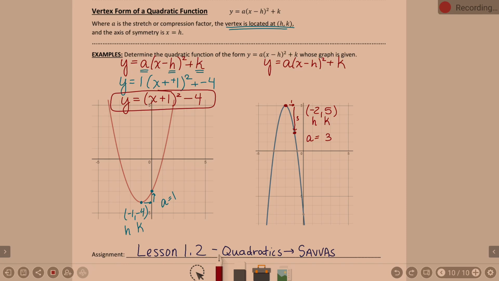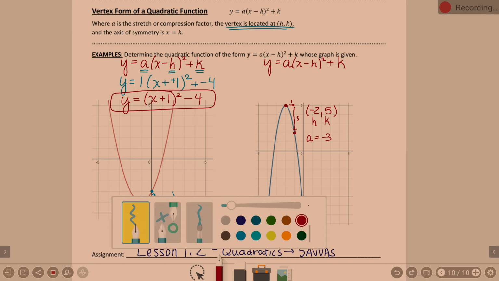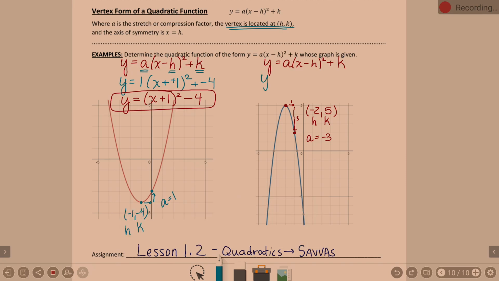So when we go to write this out, and sorry, I know I'm rushing, but I'm running out of time. A is -3 times x minus -2, quantity squared, plus 5. If I clean that up, y equals -3 times x plus 2 squared plus 5.